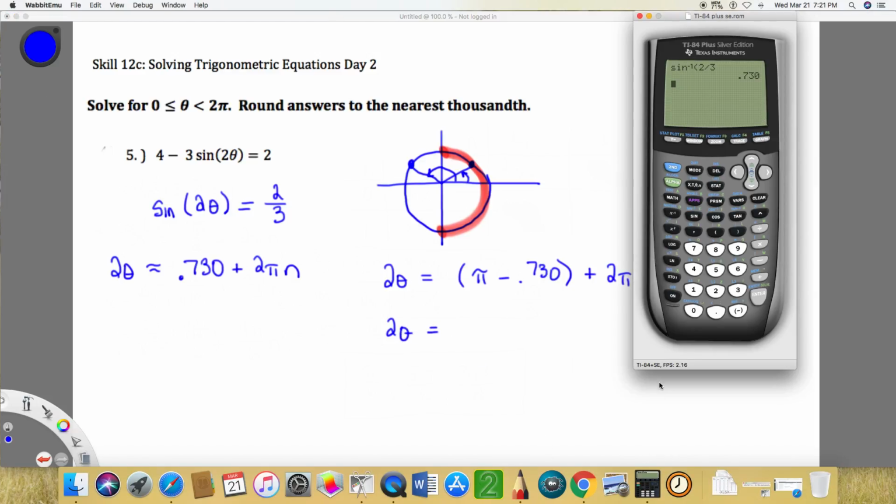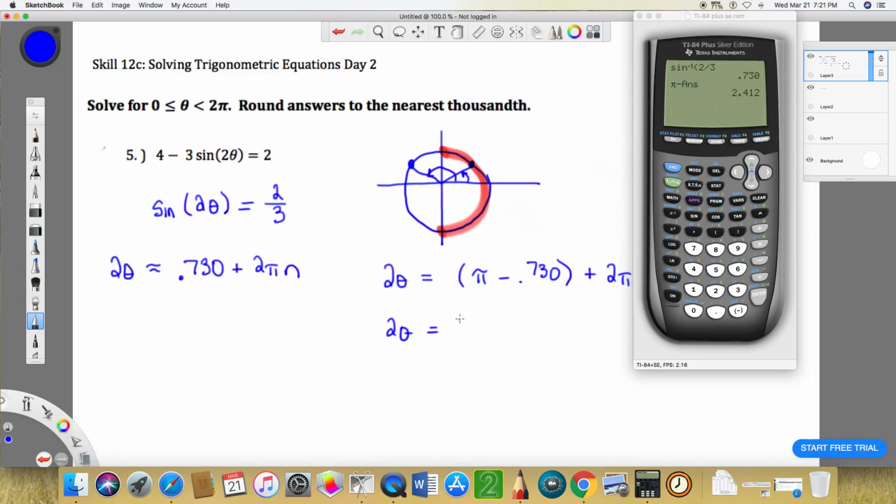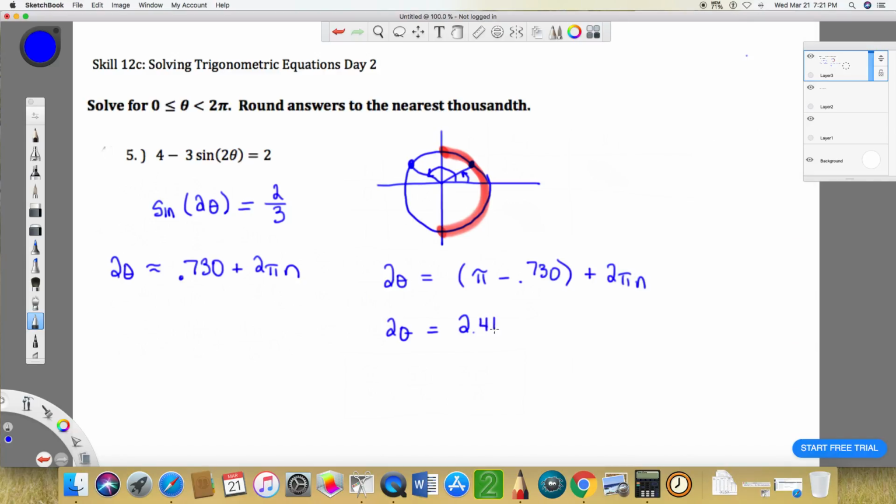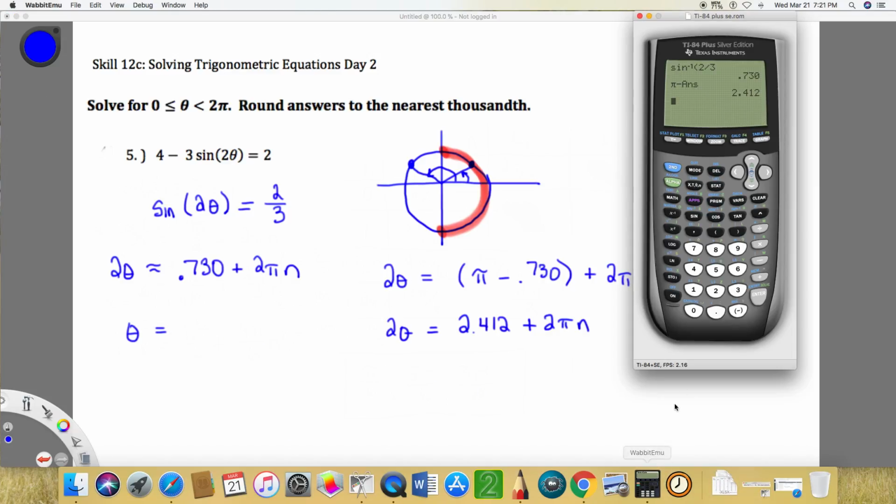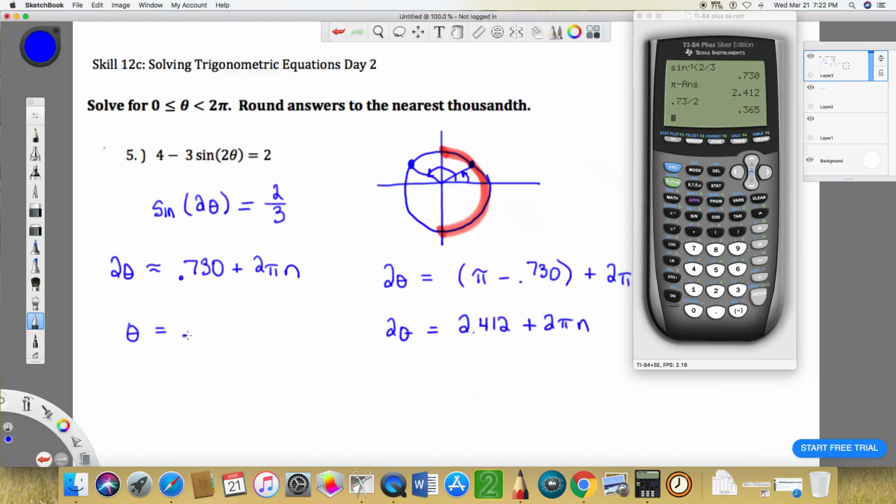We've got that value in the calculator there. So if we just take pi minus our previous answer, we get 2.412. So to get this theta by itself, let's divide everything by 2. If we've got 0.73 divided by 2, 0.365.